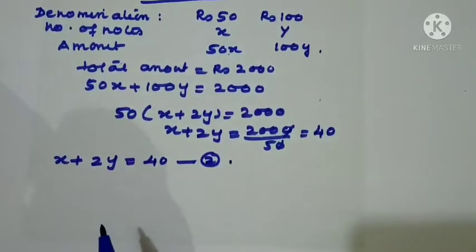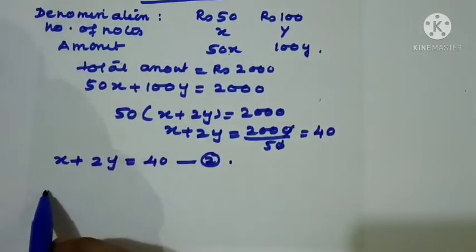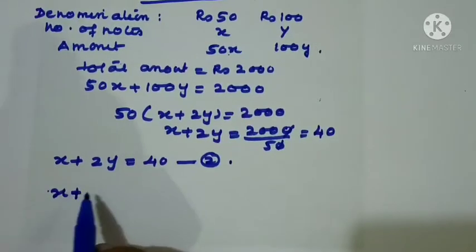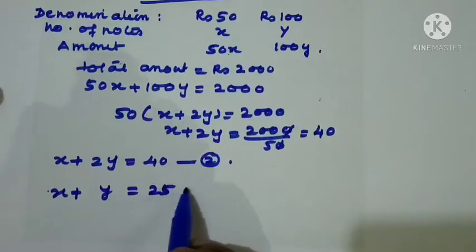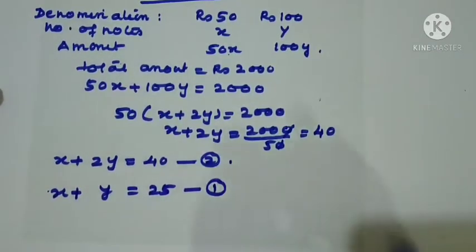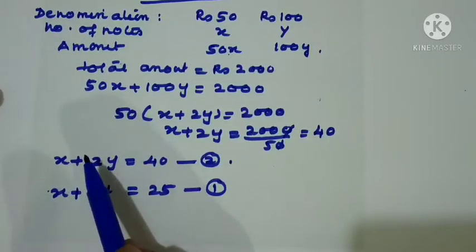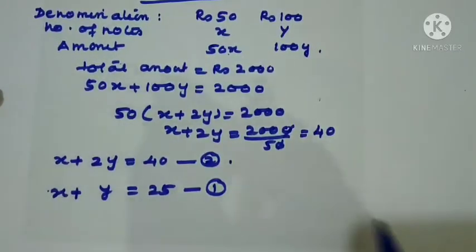Now once again we will arrange the equations. What is the first one? x plus y equal to 25. Right, now we have one below the other. Now check the coefficients. Coefficient of x is 1 and 1 only. Same here, we got 2 and 1. It's not difficult.